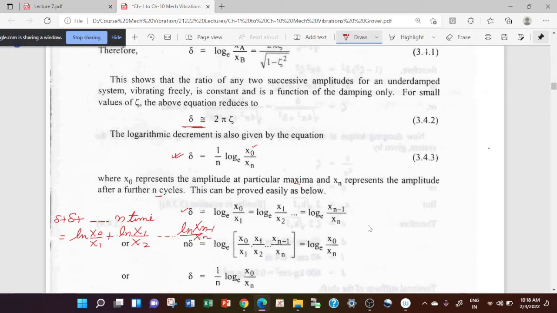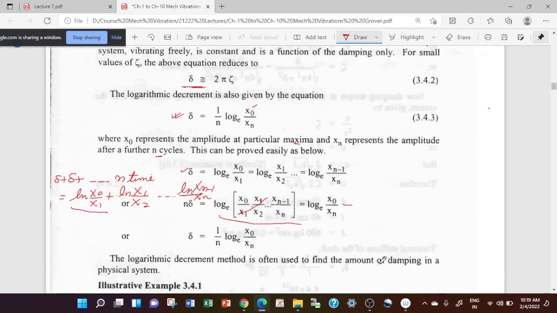Now you can write this term like this, and you are cancelling out every term here, except you are getting x naught upon xn here. This is your n delta here. So from there you can find delta of this. This is the delta given by considering the n cycles in a damped vibration.